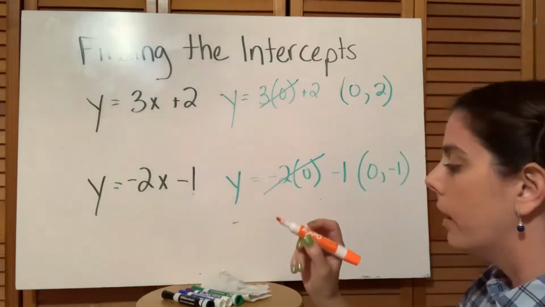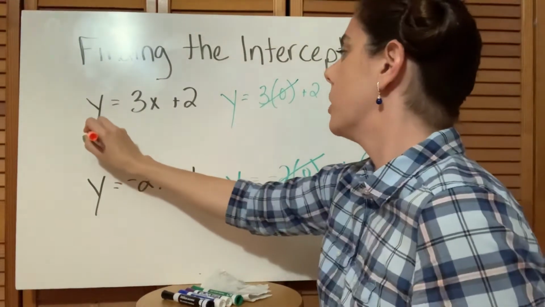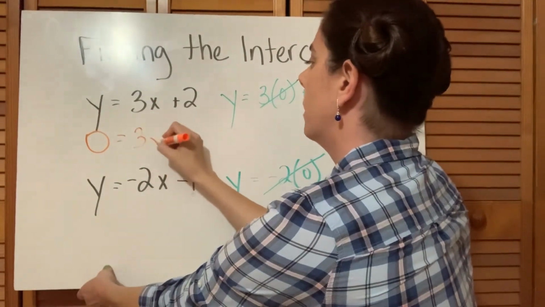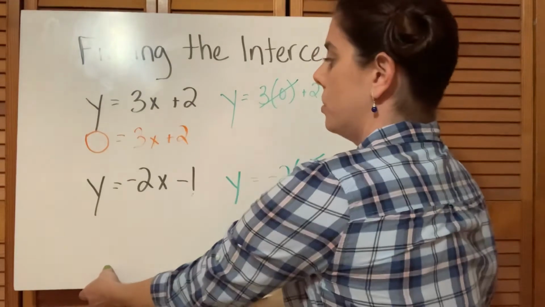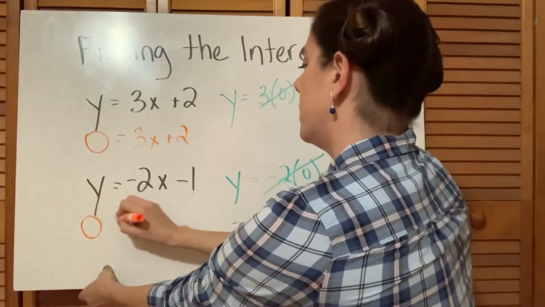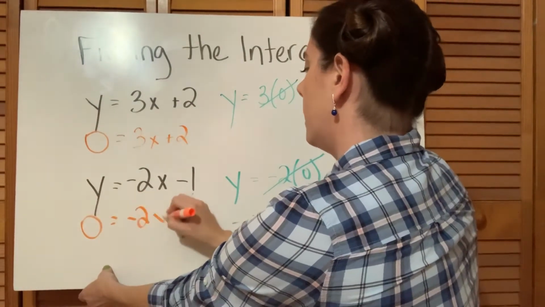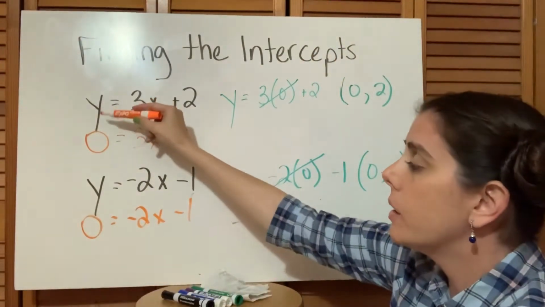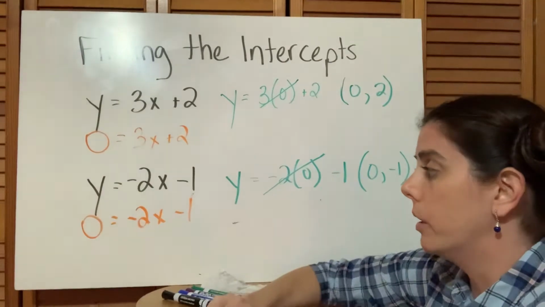So we're just going to do 0 equals 3x plus 2, and rewrite this one, 0 equals -2x minus 1. All we did was substitute the y for 0.